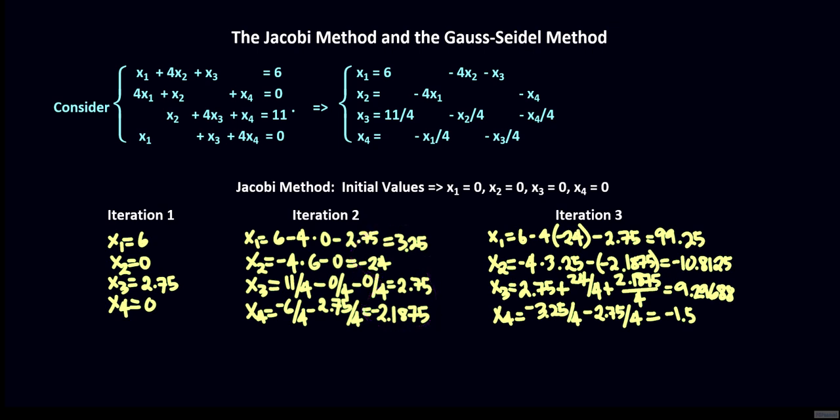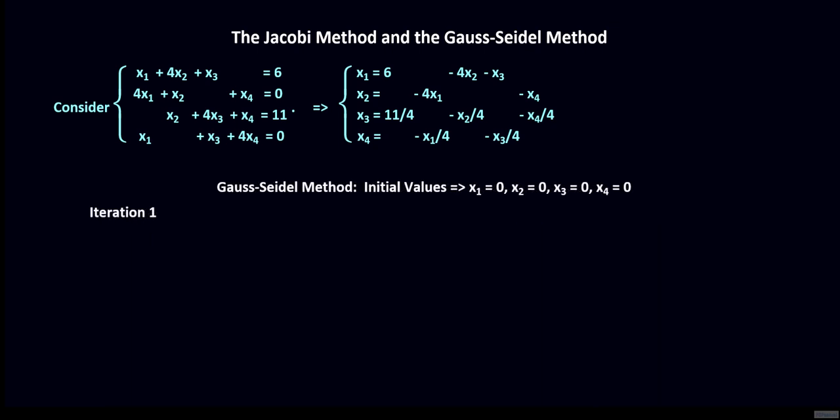Using the same transformed set of equations and the same initial guess for x1, x2, x3, and x4, we now demonstrate the Gauss-Seidel method. With all the starting values being equal to 0, the new x1 is 6.